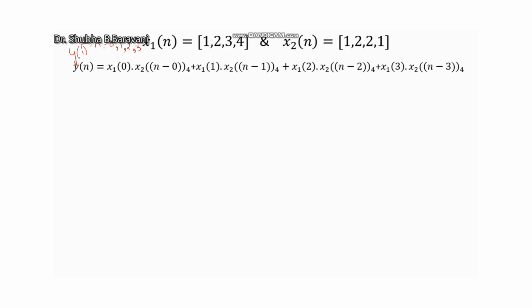So we'll retain the main formula. This is our main formula. We'll go on substituting the value of n as 1.